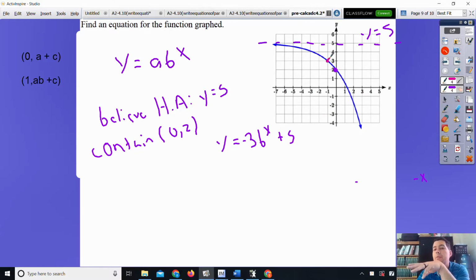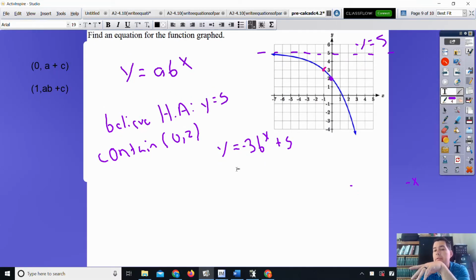So everywhere I see a y, what am I? 3. And everywhere I see an x, -1. 3 equals -3b to the -1st power, and add 5. That'll be -2 equals -3 over b.